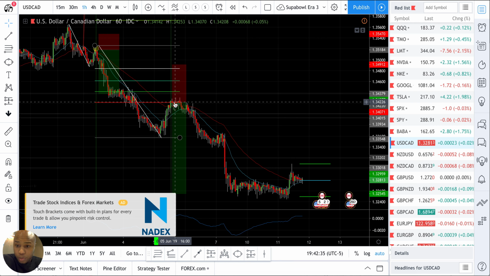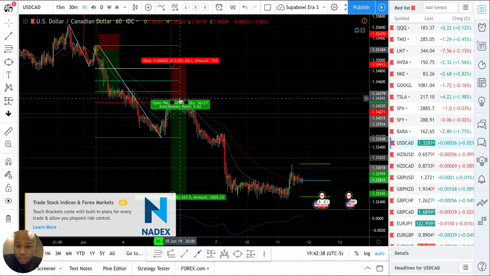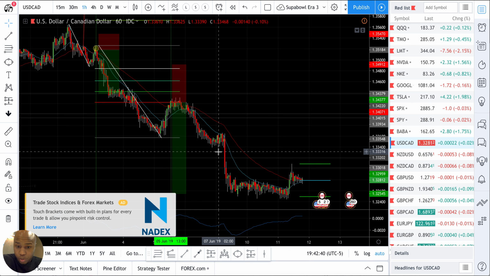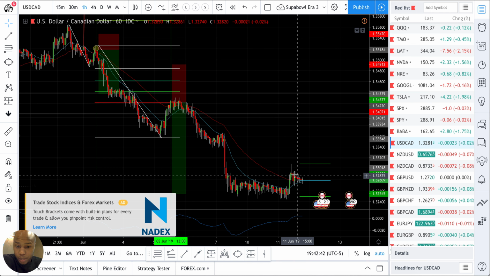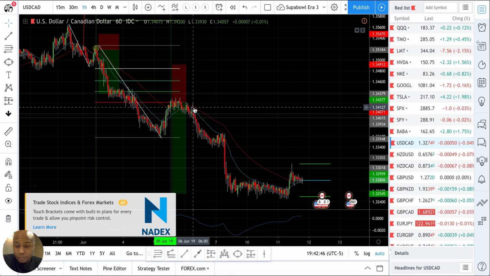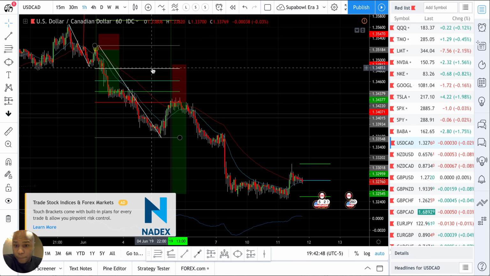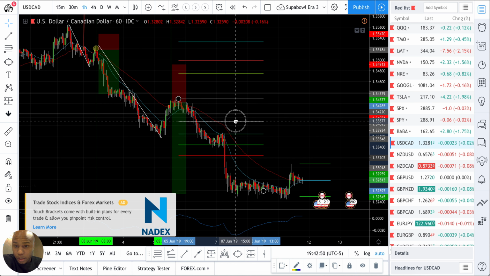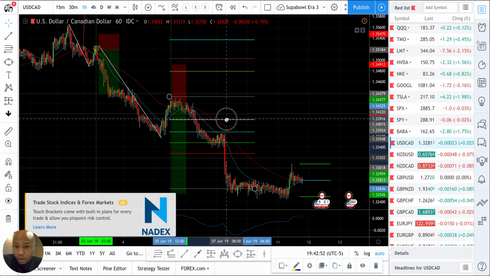And then I'm going to look for another entry based on this and based on another pullback. Is there a pullback here? Nope. Is there a pullback here? Nope. I don't see any other pullback. Maybe here. So let me see if I can take the fib and do something there. So we're here.